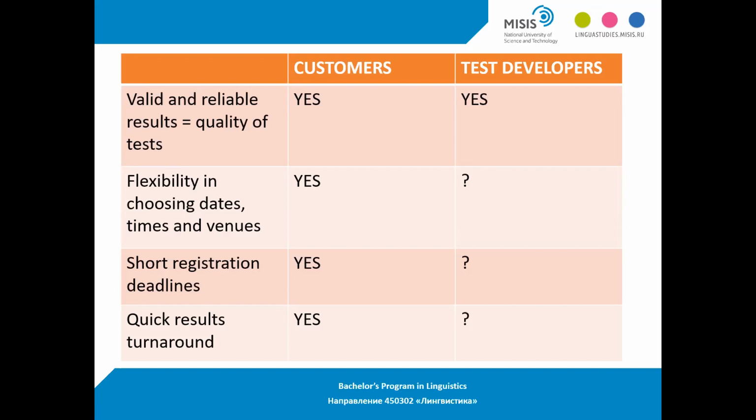For test developers, having a fixed schedule of exams is a good thing, because you know your deadlines, you know when and what you need to prepare, by what time, and so on. So they are not that interested in giving that flexibility.